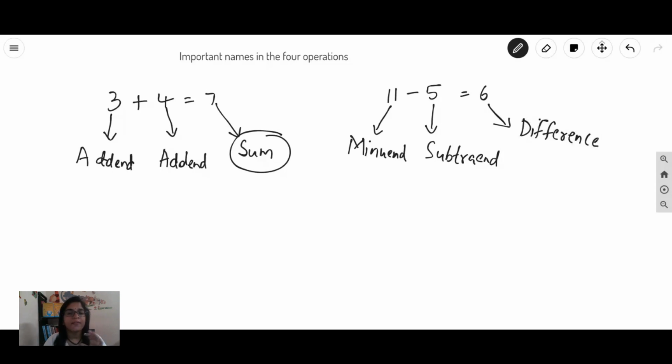But what we do, we learn only that word sum, and that word is used for everything. Sum is the answer of addition. Difference is the answer of subtraction. At least for these two, you have to know the different words, right?